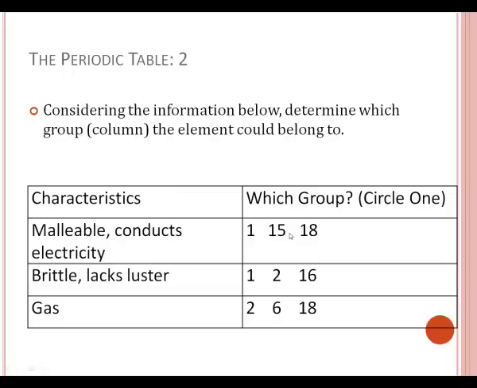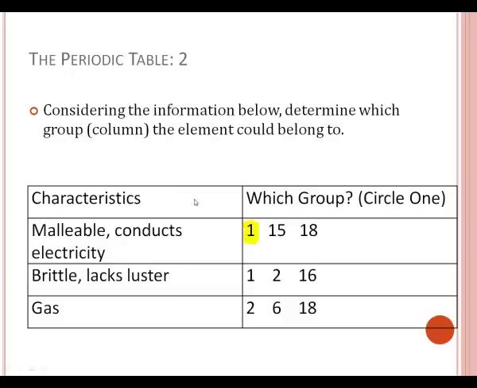The only element in that column that behaves remotely like a metal is bismuth all the way at the bottom. So that leaves only one choice, and that's group 1. Group 1 has got lithium, sodium, potassium, rubidium, and these are all metals. So the one that is malleable and conducts electricity, this best applies to group 1.